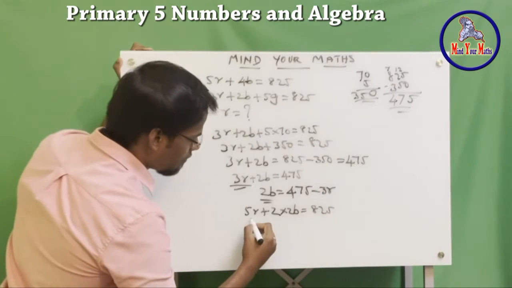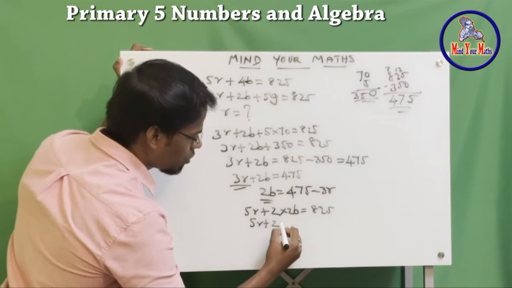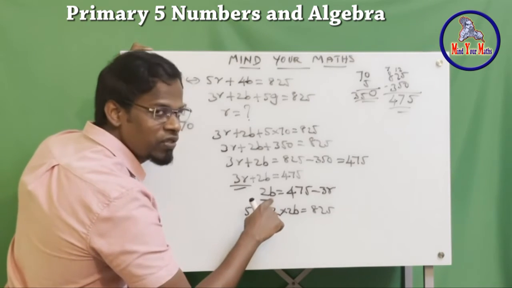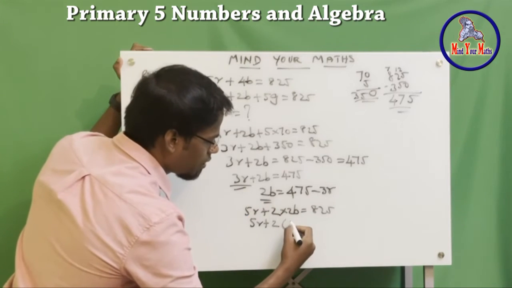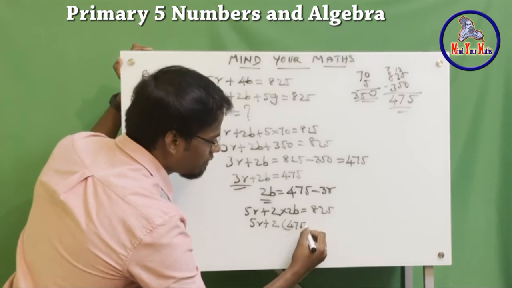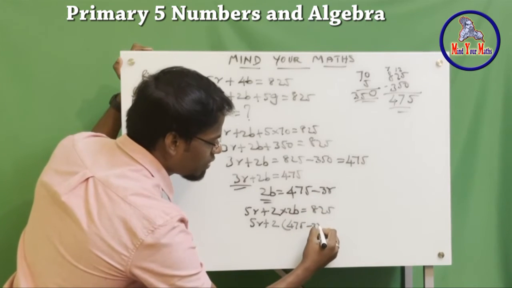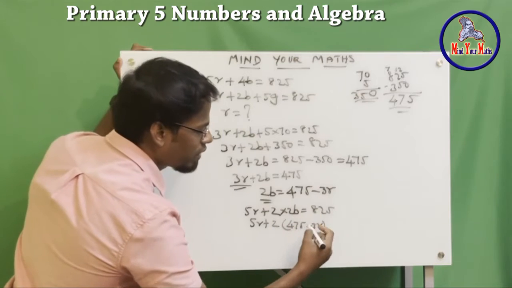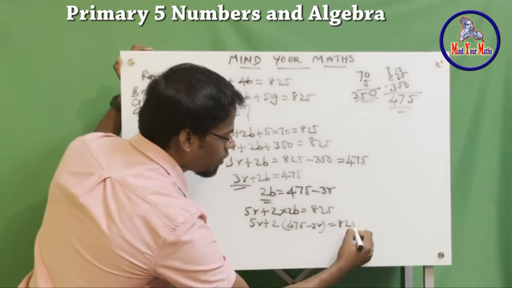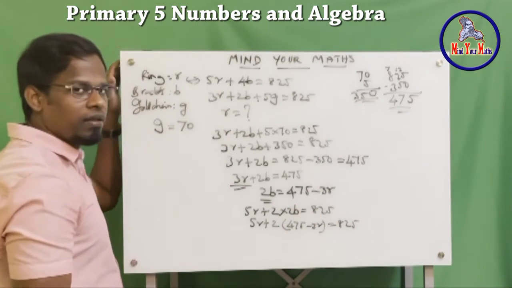Okay, now 5R plus 2 times 2B, we know the value of 2B, which is 475 minus 3R. We are substituting the value that we found here, equals 825, right?